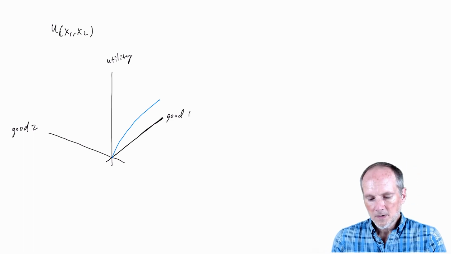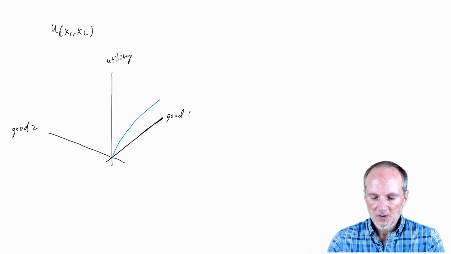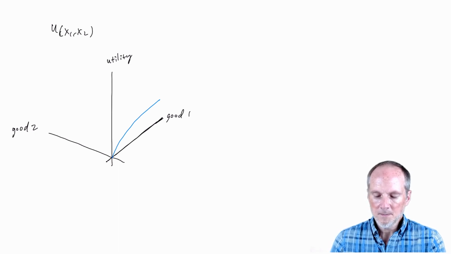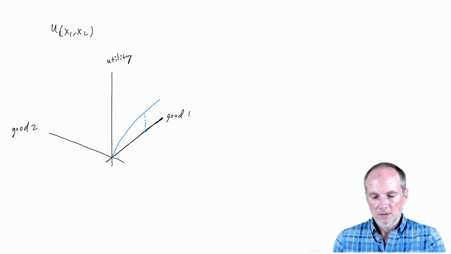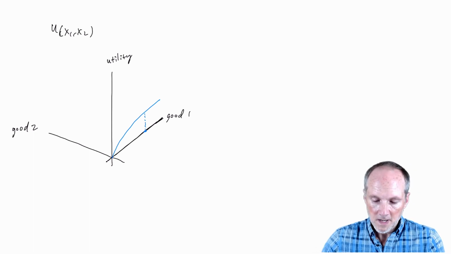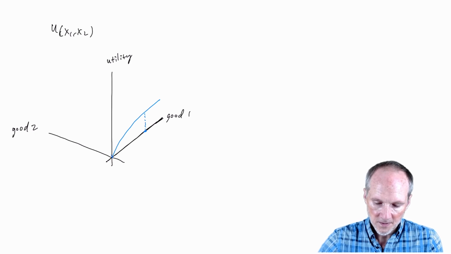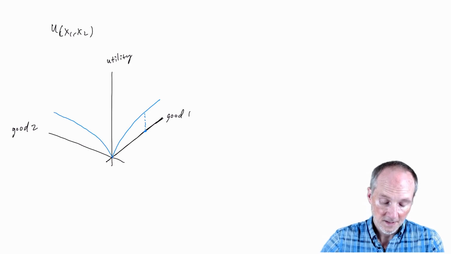So first I'm going to think about setting the consumption of good 2 equal to 0 and just increasing the consumption of good 1. And for any consumption level of good 1, there's some utility that's determined. We can do the same thing if I set the consumption of good 1 equal to 0 and increase the consumption of good 2.